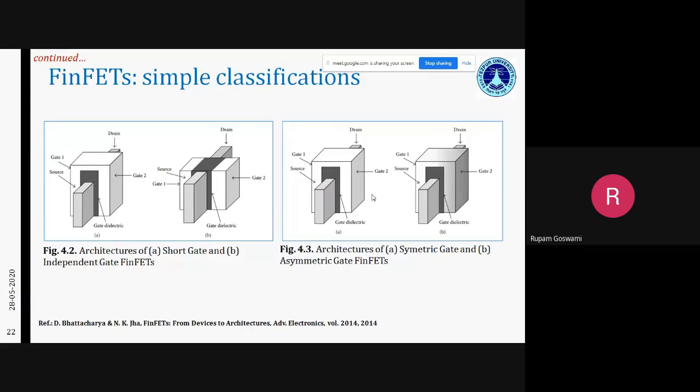On the right hand side in figure 4.3, you see the symmetric gate and the asymmetric gate FinFETs. These are almost analogous to what you have seen in figure 4.2, except that both are kind of tri-gate FinFETs. You see the gate is extended over all the three sides of the fin.